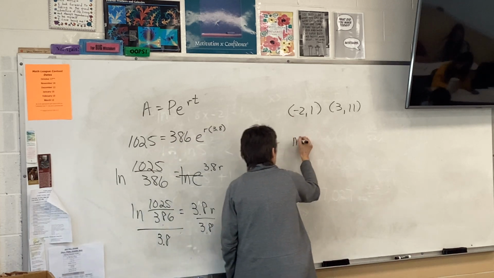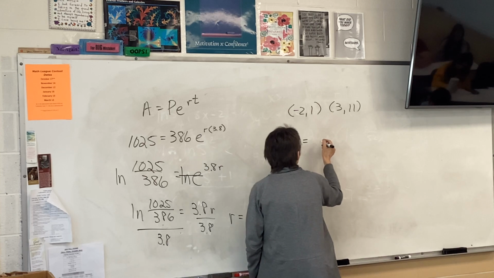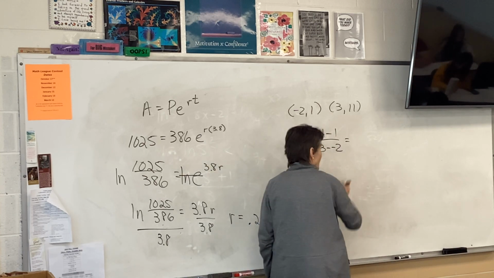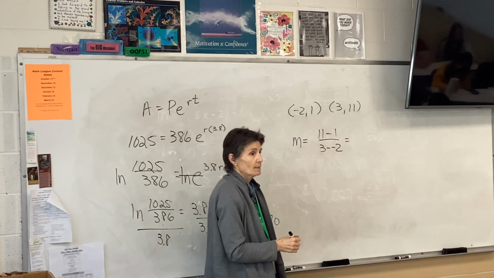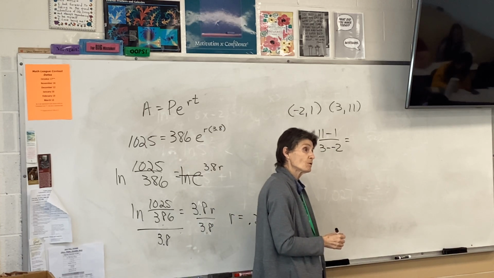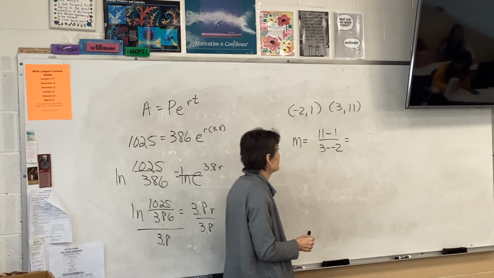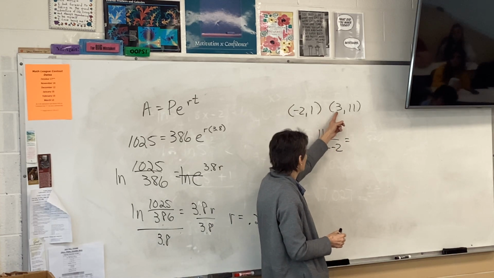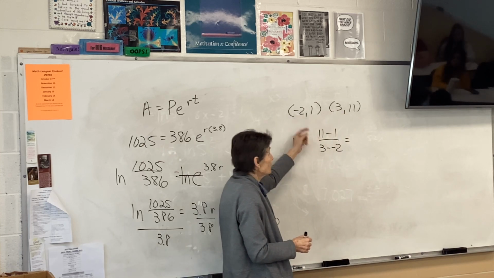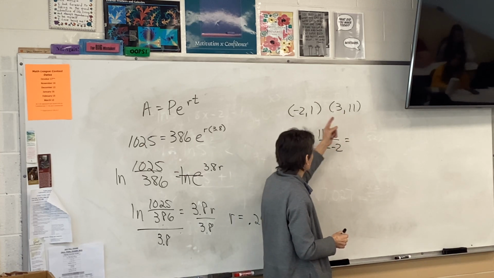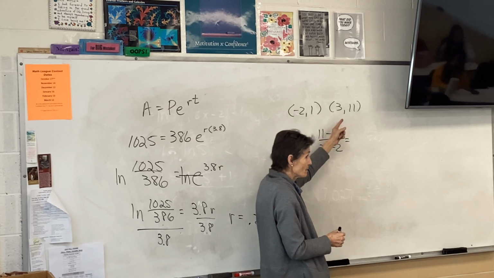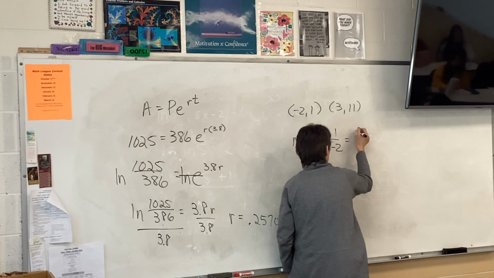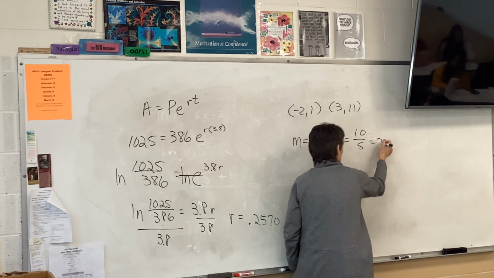And how do we find slope? y minus y over x minus x. Always y over x, rise over run. If I do 11 minus 1, then I gotta do 3 minus -2. If I do 1 minus 11, then I gotta do -2 minus 3. It won't matter. Either way, the slope turns out to be 2.